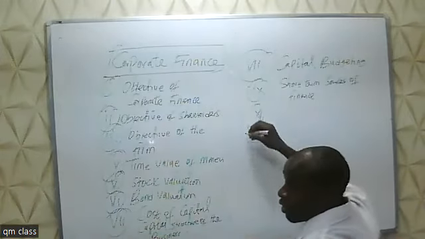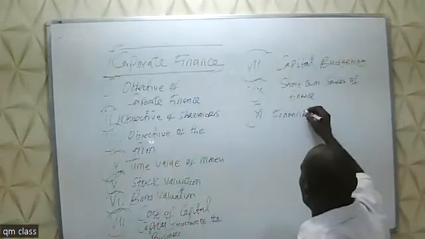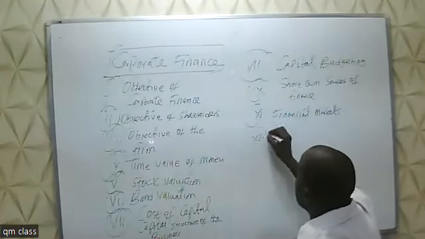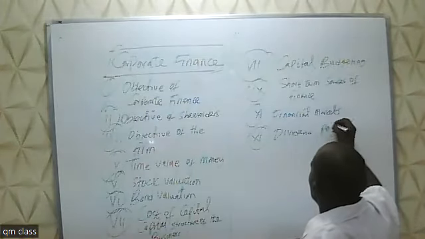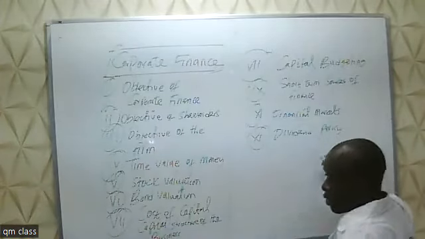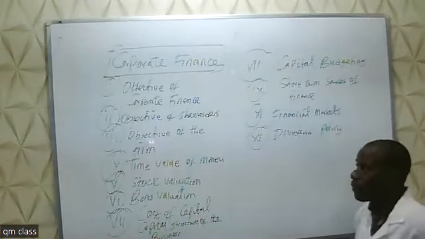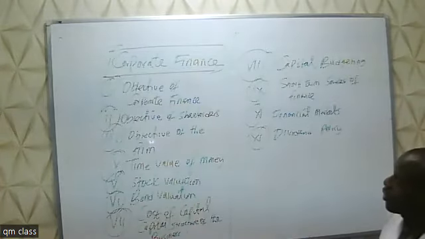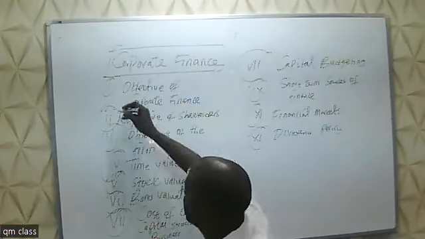Then you also look at financial markets. Then the last one here, we look at the dividend policy. So these are the topics that we need to cover as we look at corporate finance. Okay, now we can do quickly these 4 topics.